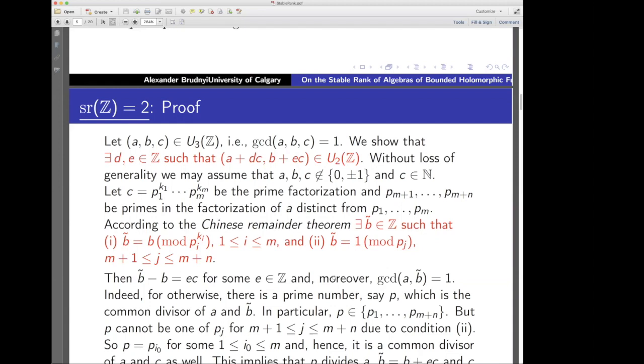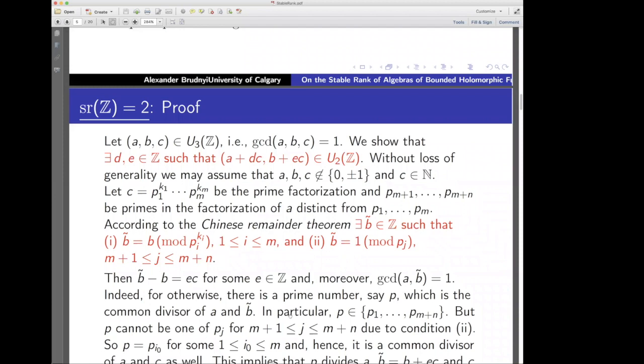And then, moreover, let us show now that the greatest common divisor of a and b tilde equals 1. Indeed, if it is not true, then there is a prime number, say p, which is a common divisor of a and b tilde. Right?